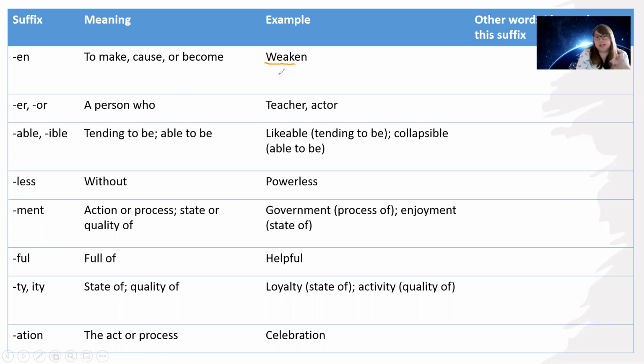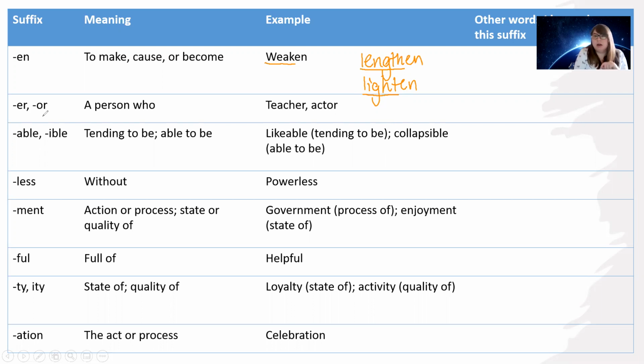So when we say that, we say weaken literally means to become weak or to cause someone to be weak. Another good example we could say is to lengthen something or to lighten something. Lengthen means that it is becoming longer, and lighten means that something is becoming lighter. So en just means it's the process of making or becoming.